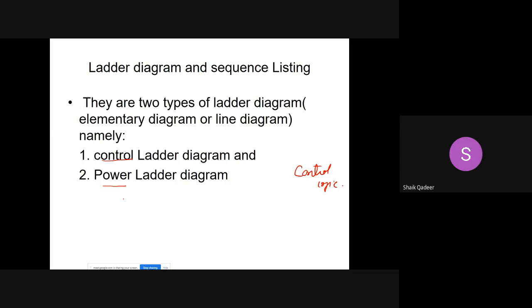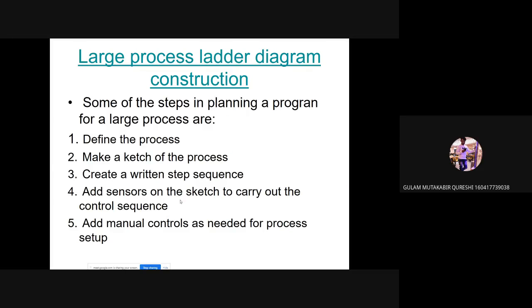That type of ladder diagram is called a power ladder diagram. A power ladder diagram is usually a hardware circuit, remember this. And a control ladder diagram is usually software written in the form of a PLC program. Is it clear to everybody? Yes, sir. Okay, let us see this 9-step ladder diagram construction.